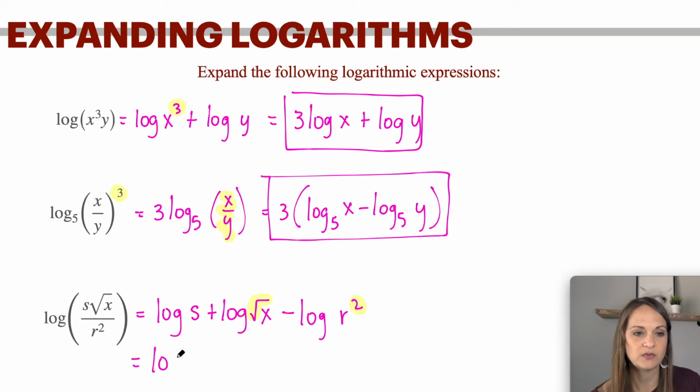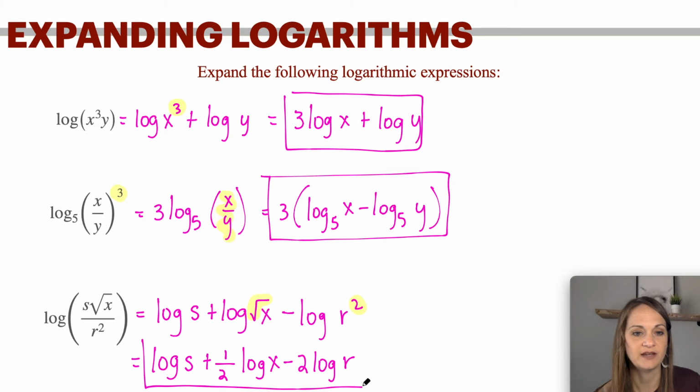There is no exponent with s, so it's just going to be s. This square root is the same thing as 1/2 as an exponent. So you're going to put a 1/2 in front of log of x. And then this 2 needs to be put in front of the r. And that would be your final answer.